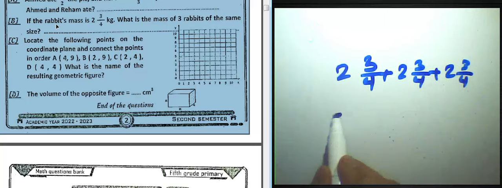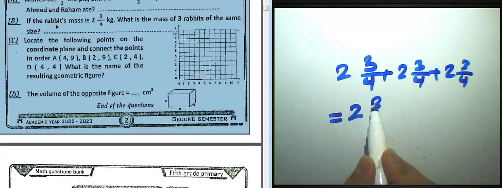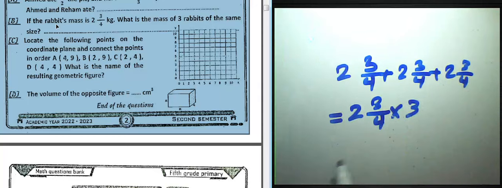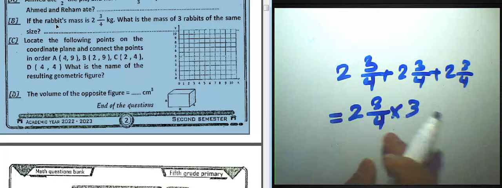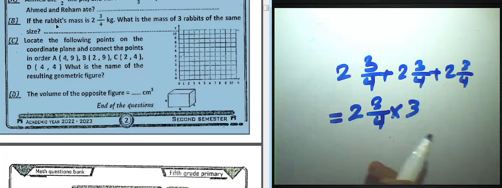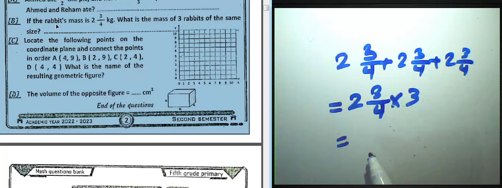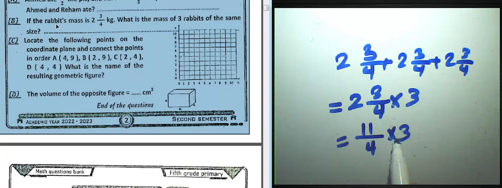Okay? It means 2 and 3/4 multiplied by 3. But if you want to find the result by multiplication, first you can convert this fraction from a mixed number to an improper fraction, right? 4 in the denominator and 2 times 4 equals 8, 8 plus 3 equals 11. And then multiply by 3.